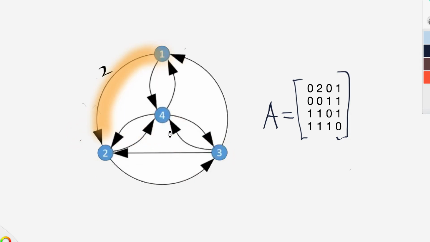To demonstrate that, let's try picking a permutation in this matrix.